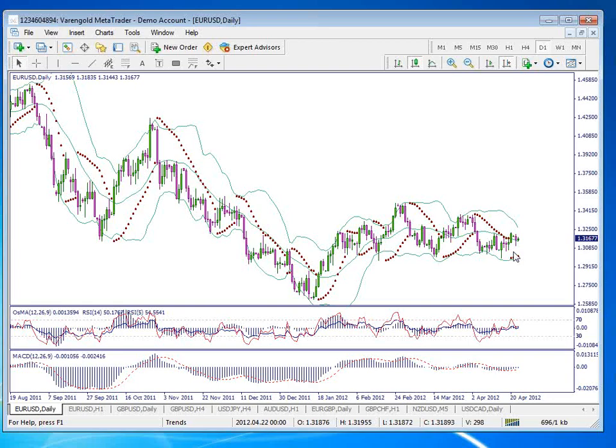The country that participated with the biggest amount in this operation was Japan, with about 60 billion, the biggest value.